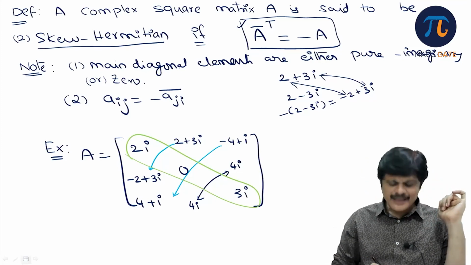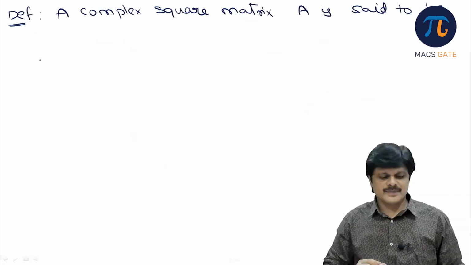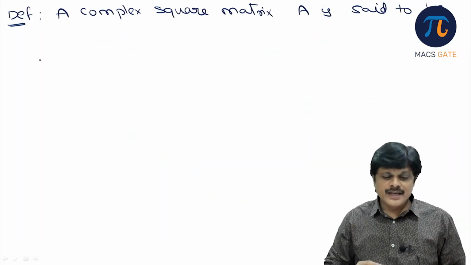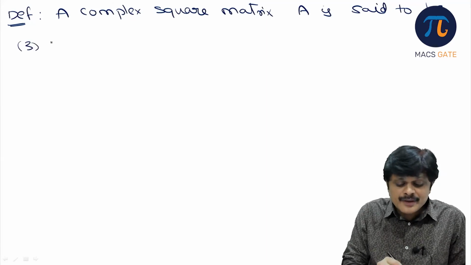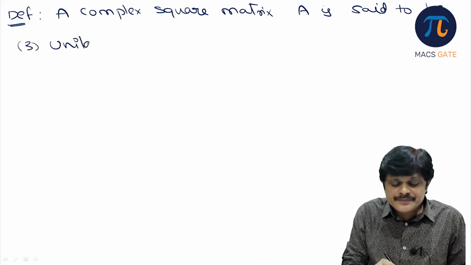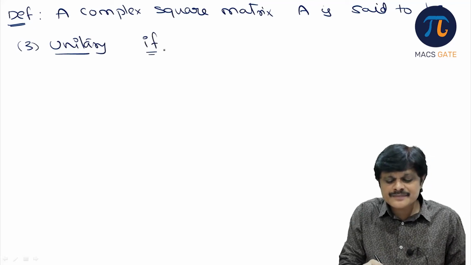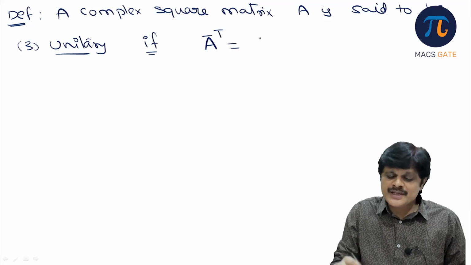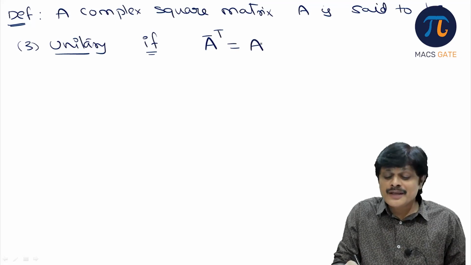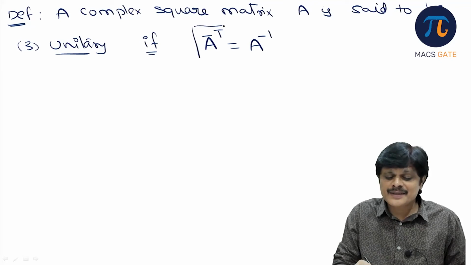Okay. Let us take the next definition. Third definition. A complex square matrix A is said to be unitary if the conjugate transpose is equal to A inverse.